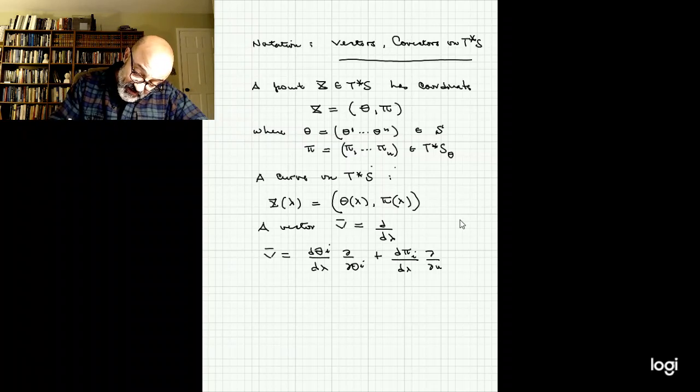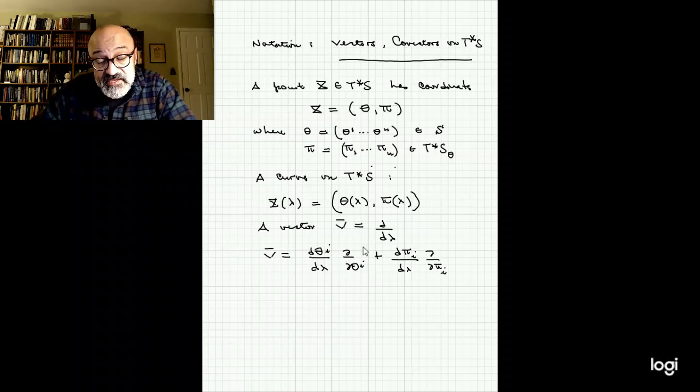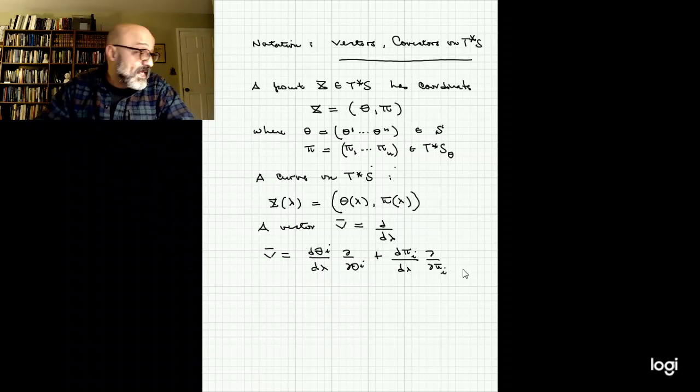So now you see that you have 2n basis vectors: n for this part, which is what you would have if you had just the base manifold, and n for the part on the cotangent spaces.